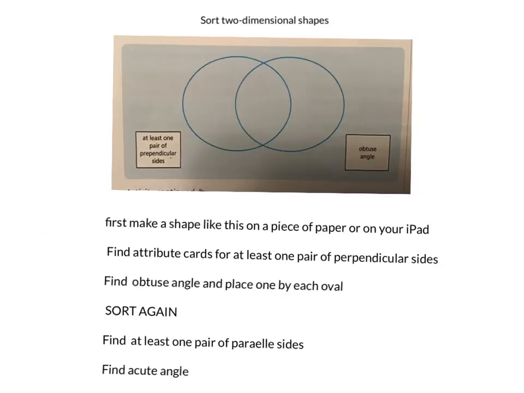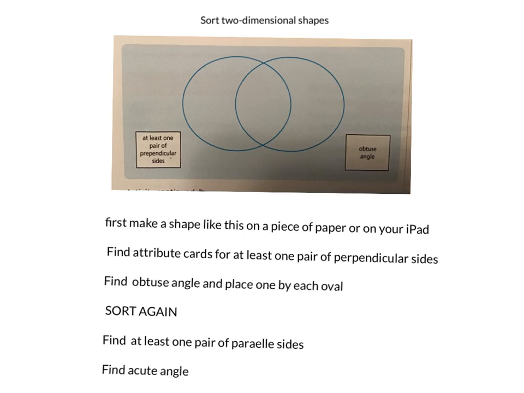Now I would like you, after you're done listening to this, to cut apart your pages 392A and 392C. Just cut them apart because you're going to do a sorting. The first thing I want you to do after you cut them all apart is to draw something like this, which looks like a Venn diagram, where you are going to start with at least 1 pair of perpendicular sides and then an obtuse angle.